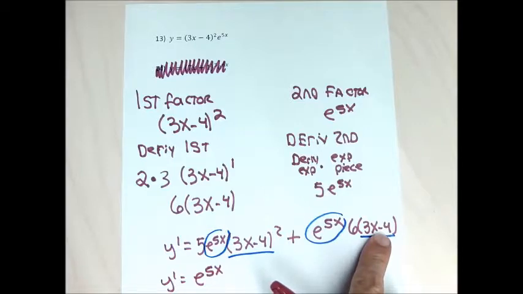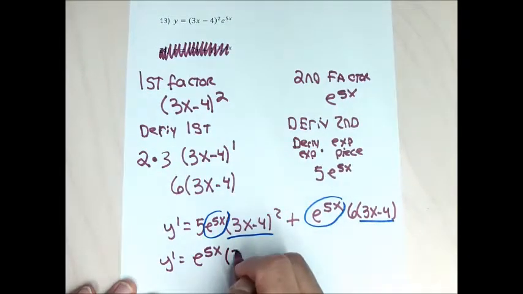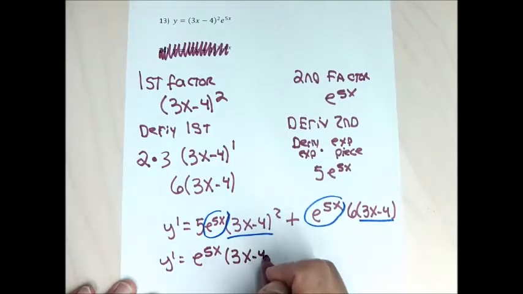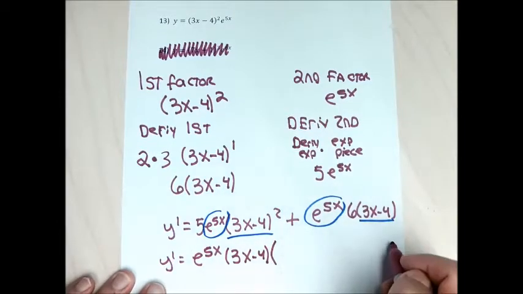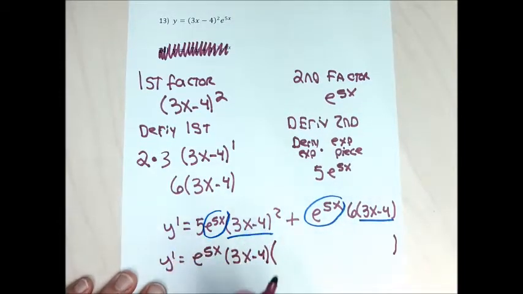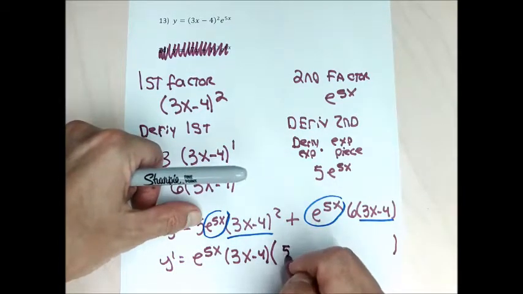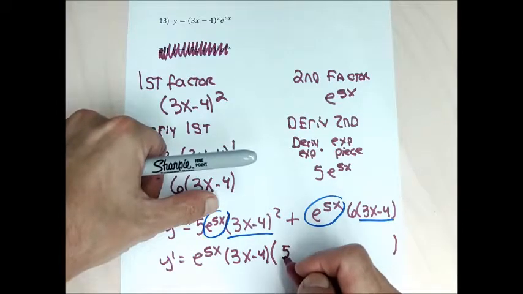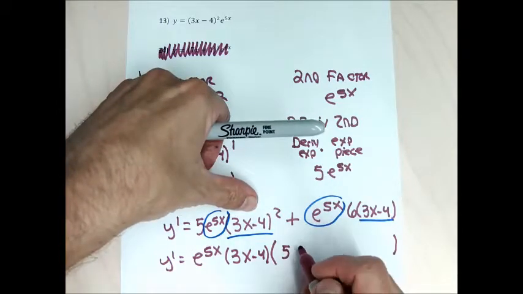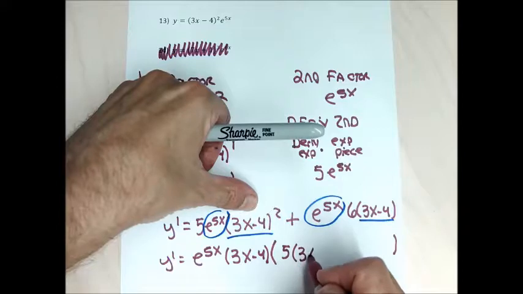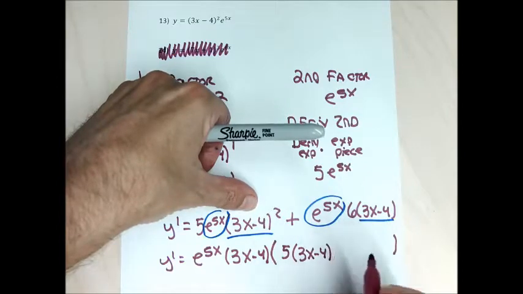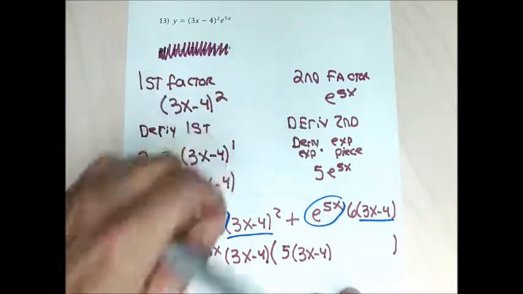I need to factor out the smaller number, and that's the 1 of them. So that's my common factor. From the first piece to the left of the plus sign, I didn't factor out this 5. I factored out the e to the 5x, so it's gone. I factored out 1 of the 3x minus 4, so I'm still left with another 3x minus 4 to the first power.